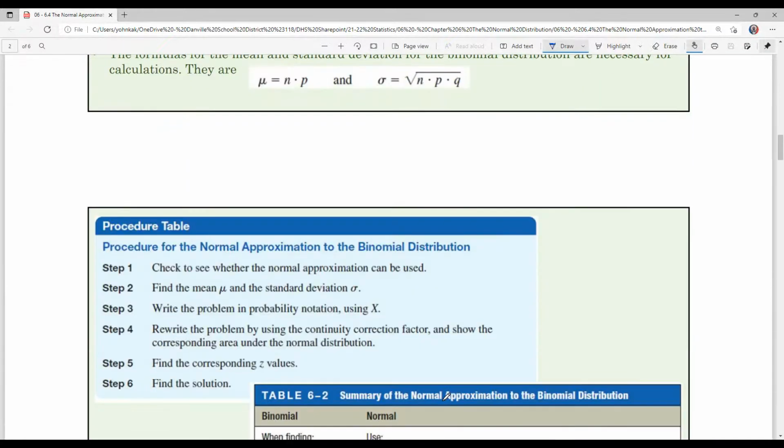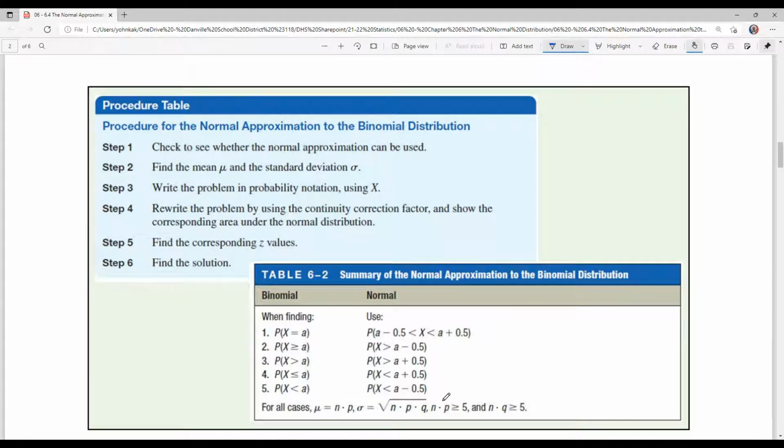Now, these continuity corrections can be found in this table, as well as a procedure for using the normal approximation to the binomial. Step one, check to see if you can use the normal approximation. Step two, find the mean and standard deviation. Number three, write the problem in probability notation using X. Number four, rewrite the problem using the continuity correction factor.